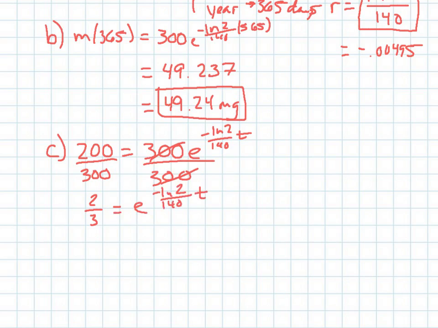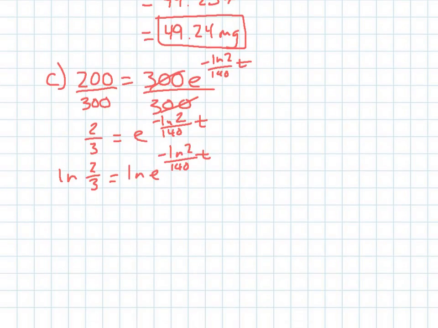Okay. And then now I want to take ln of both sides, so that gets rid of the e part. So you're left with ln of 2/3 equals negative ln of 2 divided by 140 times t.